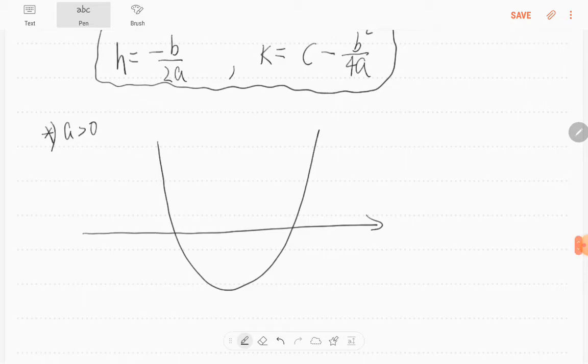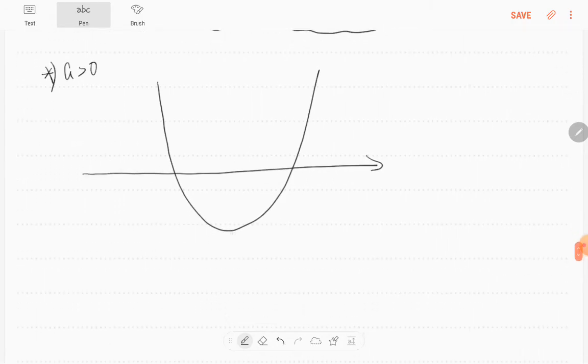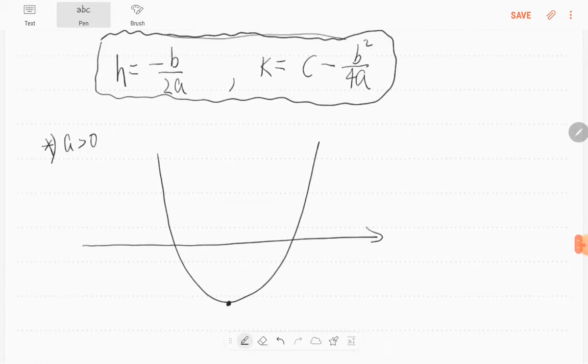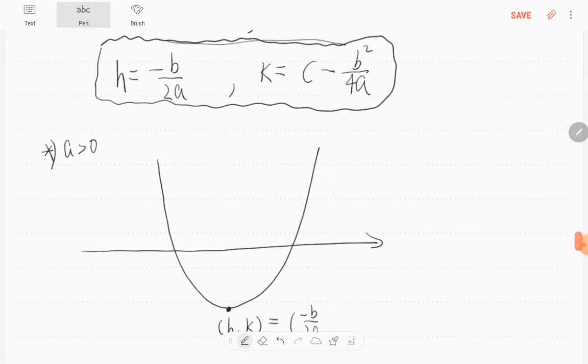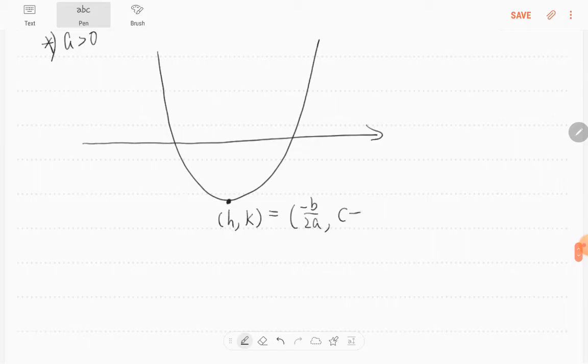The vertex form tells you that the lowest point is (h, k), which is negative b over 2a, comma, c minus b squared over 4a. If a is greater than 0, the parabola opens up.